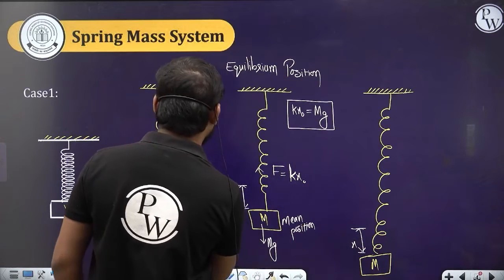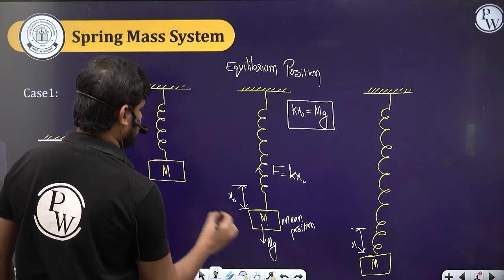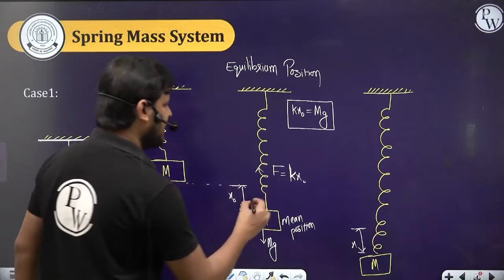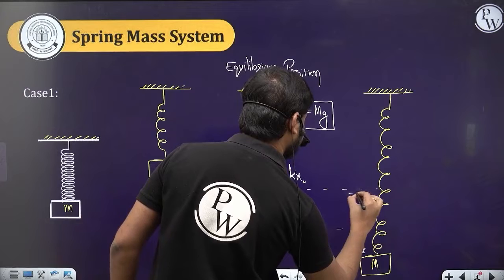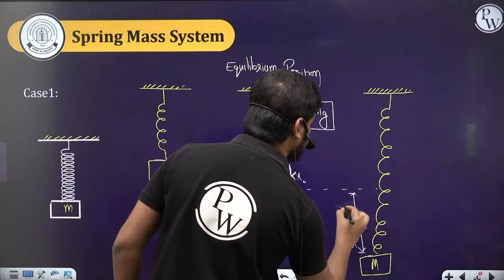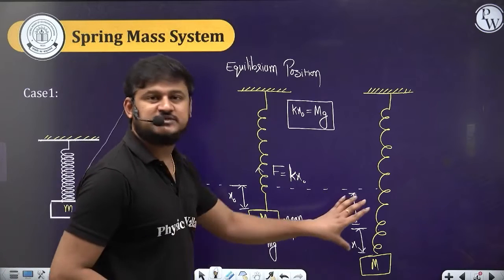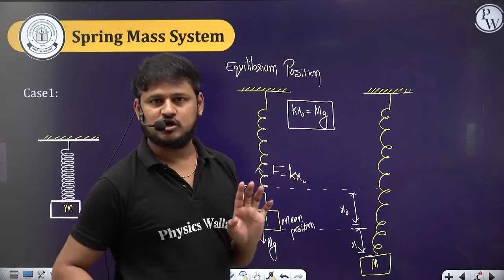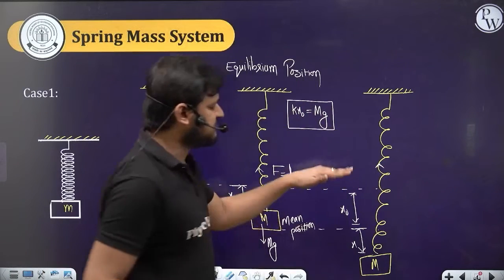Already from here to here the displacement is x naught. Now this is x. So now what is the total displacement of the body from the original position? x plus x naught. Towards the mean position there is a force, because the displacement is downward.